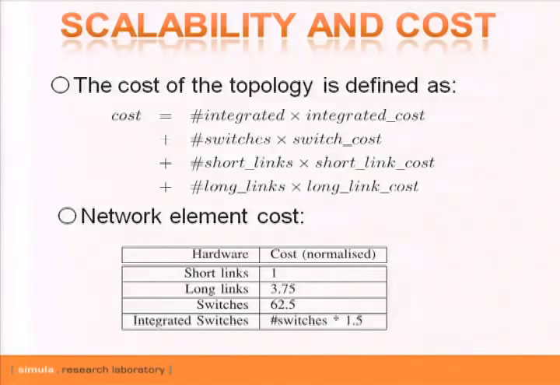The element cost has a normalized value: the cost of short links is 1, the cost of long links is 3.75, and the cost of switches is 62.5. For the integrated switches, the cost is simply the number of switches that make up this chassis multiplied with 1.5. Those cost ratios are simply based on the prices commonly available for InfiniBand hardware.